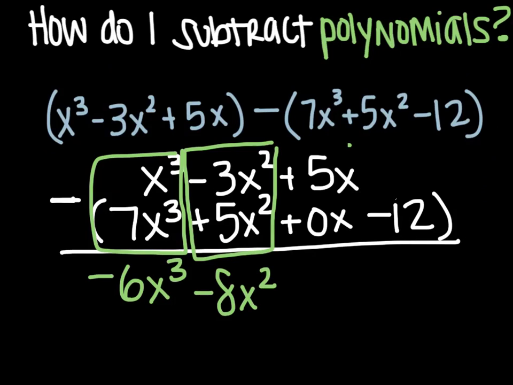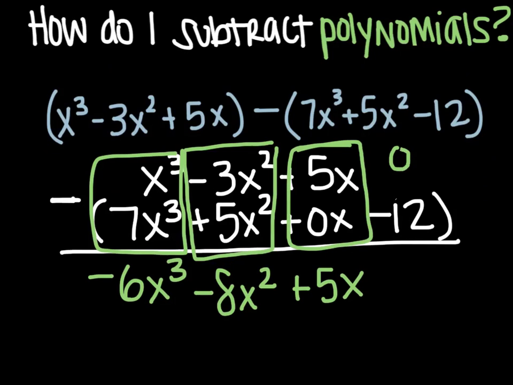So very careful about how you're adding here. 5x minus 0x is just plain 5x, so nothing changes there. And then I have 0 minus negative 12, which is actually positive 12, is what it ends up being. I can't simplify it any more than that. It's already written in standard form, so I am done.